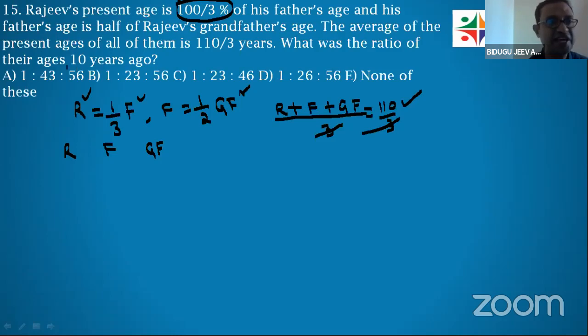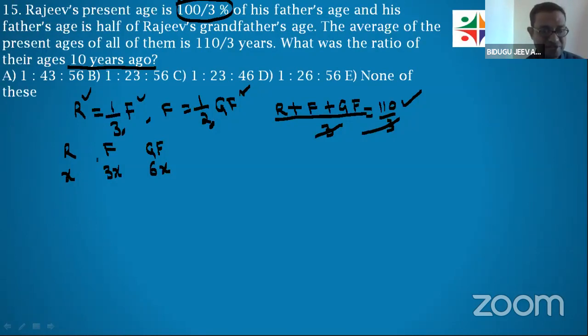What is the ratio of their ages 10 years ago? Now we need to fix the ratio. I'll take the grandfather's age as 6x. Because the denominator 3 is there, we need to take multiples of 3. The grandfather is twice the father, and Rajiv is 1/3 of the father.